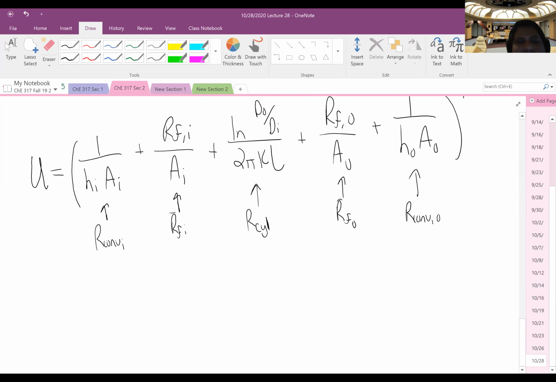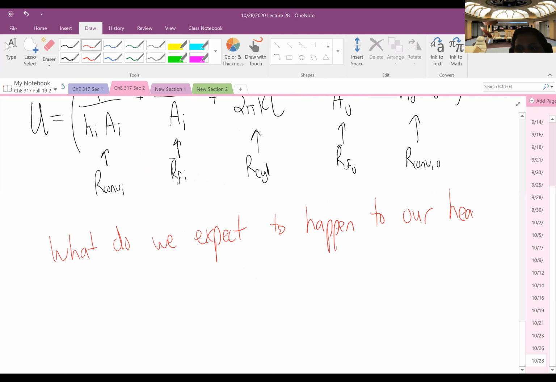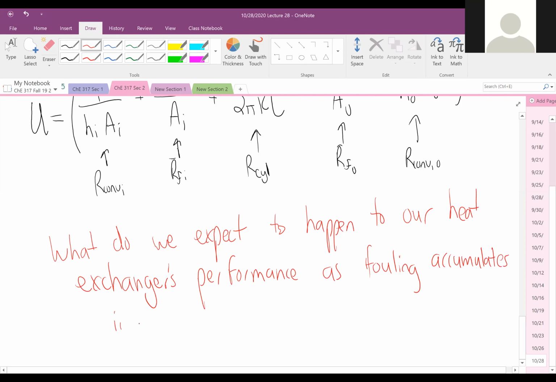So with this in mind, what do we expect to happen to our heat exchanger's performance as fouling accumulates? It will decrease the rate at which heat is transferred.